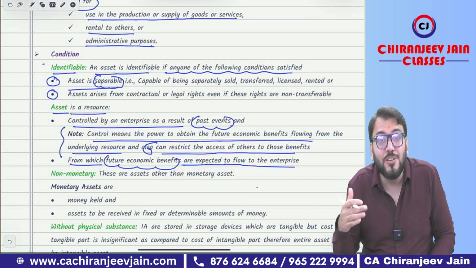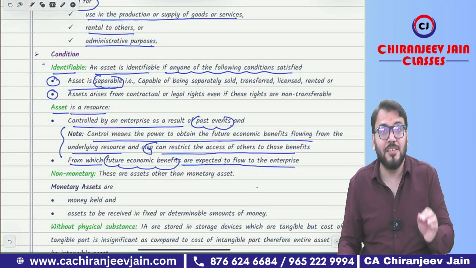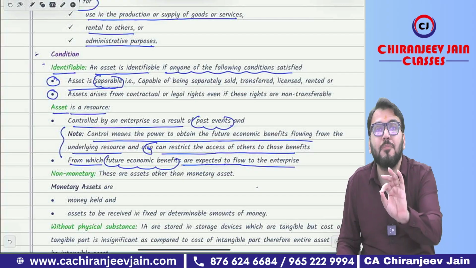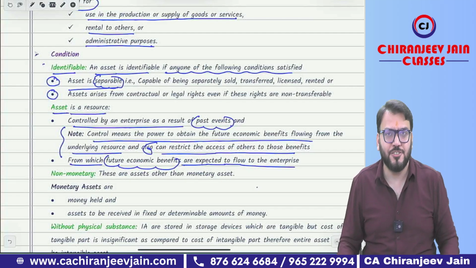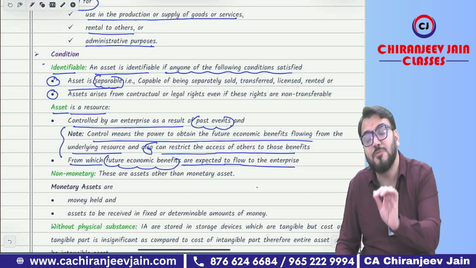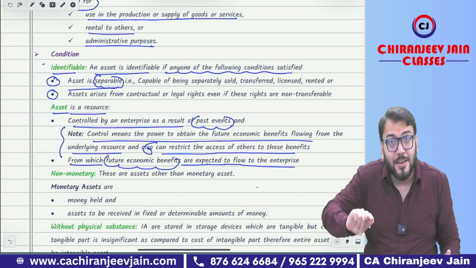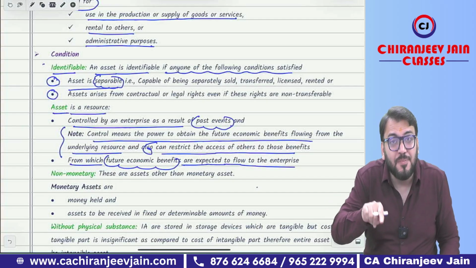It cannot be sold separately. It cannot be given on rent separately. But a brand can be sold separately. For example, right now I have my brand, Chiranjeev Jain Classes. Even though I have not sold my business, I can transfer my brand. So the brand will become an intangible asset as per the identifiable condition.